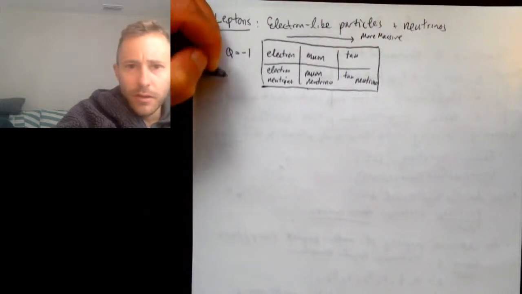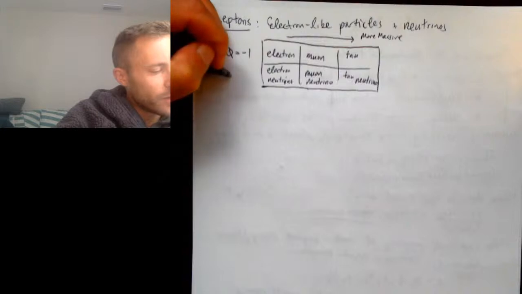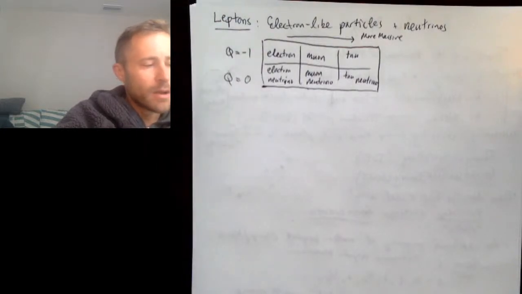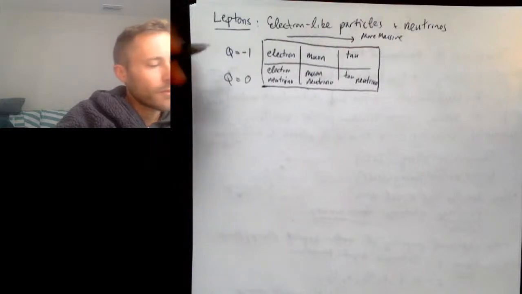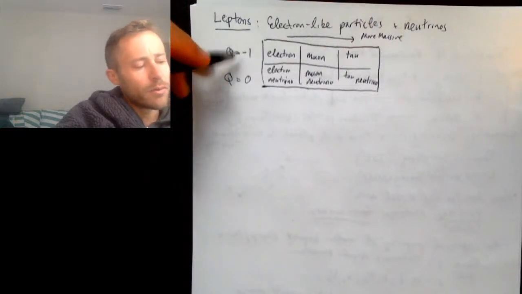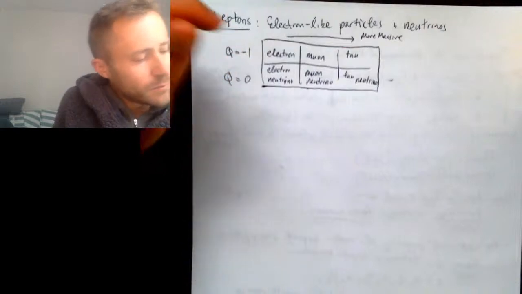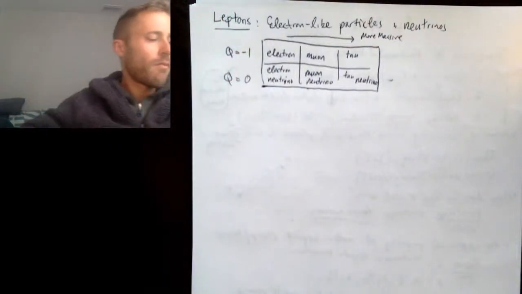The neutrinos have a charge of 0. Okay. So, yeah, the neutrinos are almost massless.